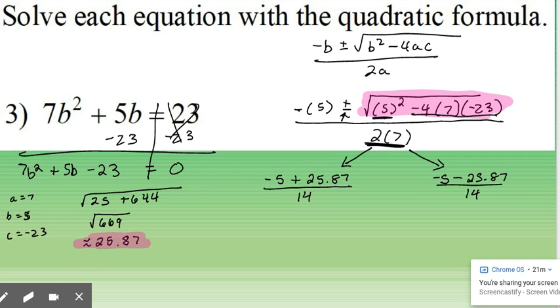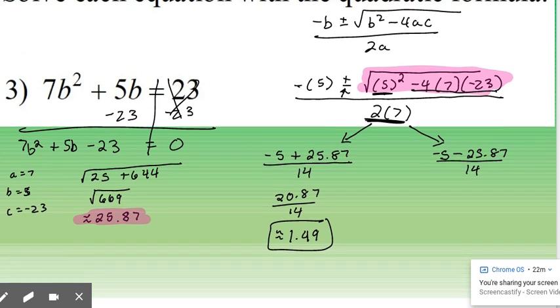Okay, remember to add them up first. So negative 5 plus 25.87 is 20.87 divided by 14. And I'm getting approximately 1.49.